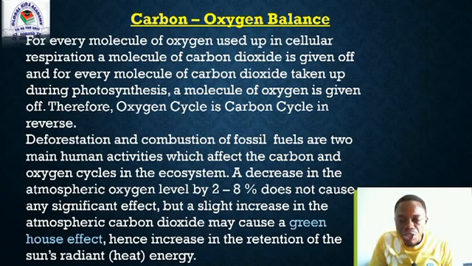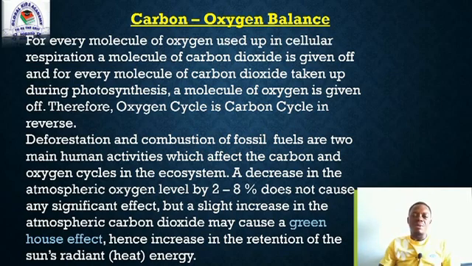Deforestation and combustion of fossil fuels are two main human activities which affect the carbon and oxygen cycles in the ecosystem. Of course, the bringing down of trees is what I mean by deforestation. Cutting of trees, destruction of forest, bringing down of trees is deforestation.